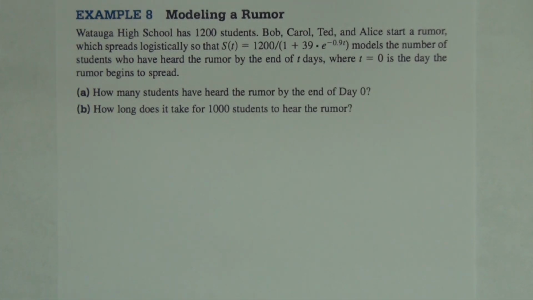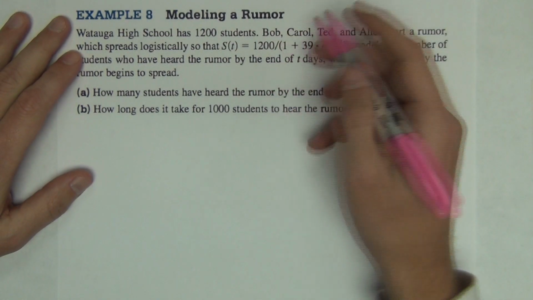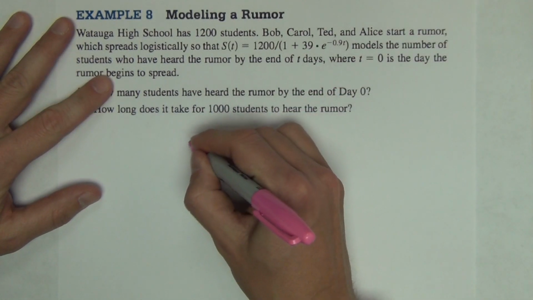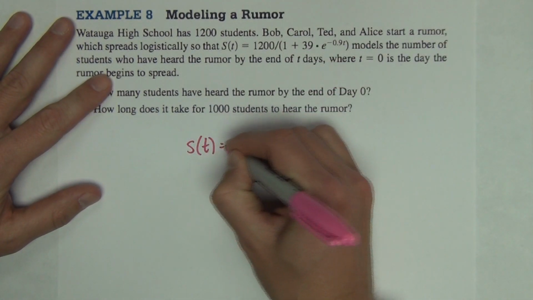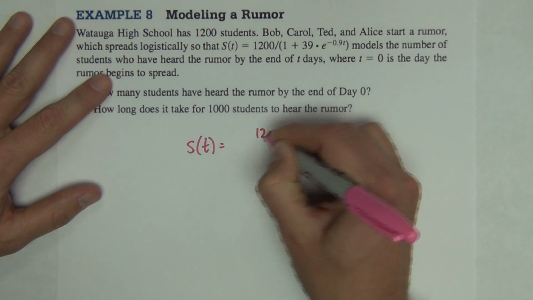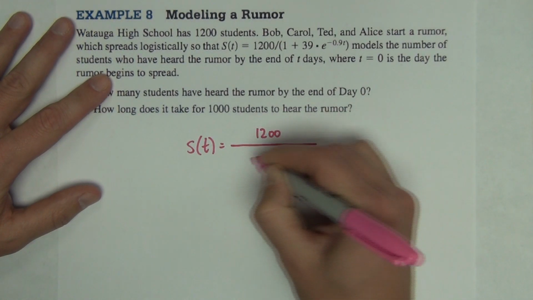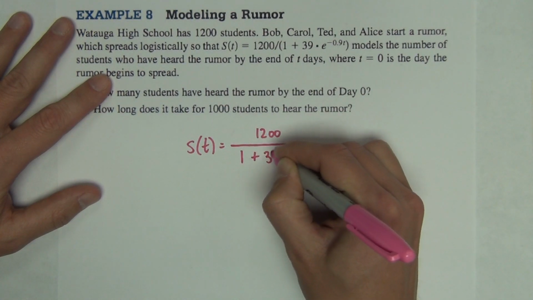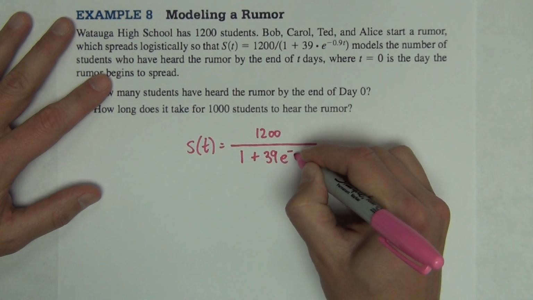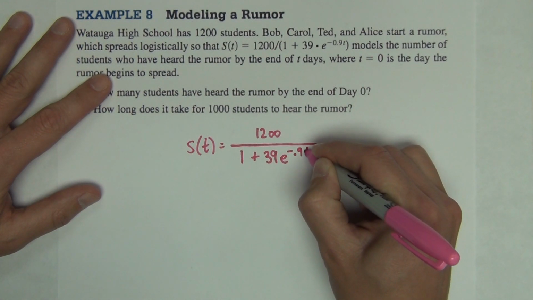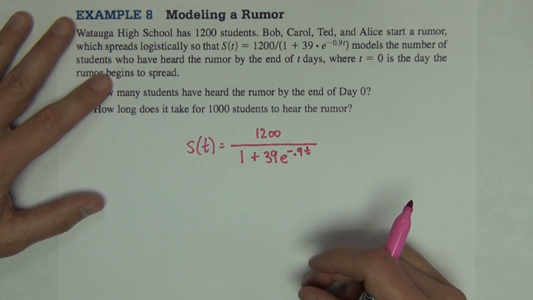Let me rewrite that so it's not written on a single line with a slash. S of t equals 1,200 over 1 plus 39 e raised to the negative 0.9 t. Okay, there it is. It looks a little nicer now.